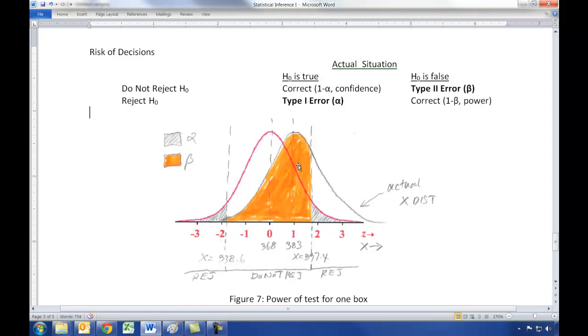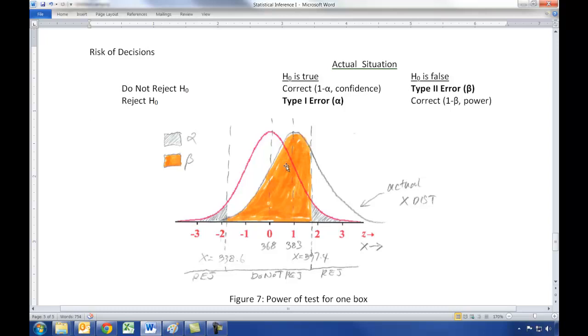Under these assumptions, the chance of making observations, namely measuring a box of cereal while having the weight falling between the do not reject region, is the probability represented by this orange area. And this area represents the probability that we will commit a type 2 error, because again, given the mean is off by 1 standard deviation, the chance of making observations that are within the do not reject region is this orange area.